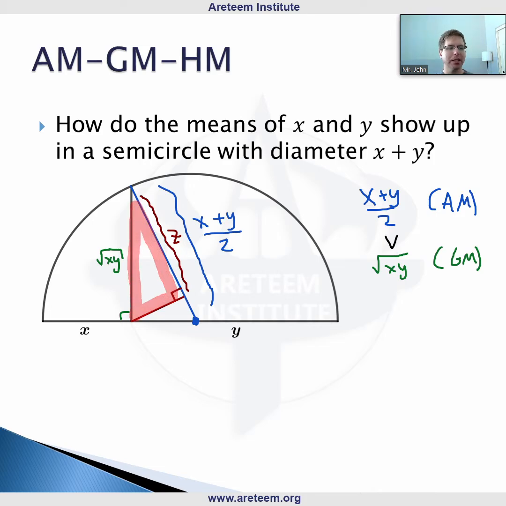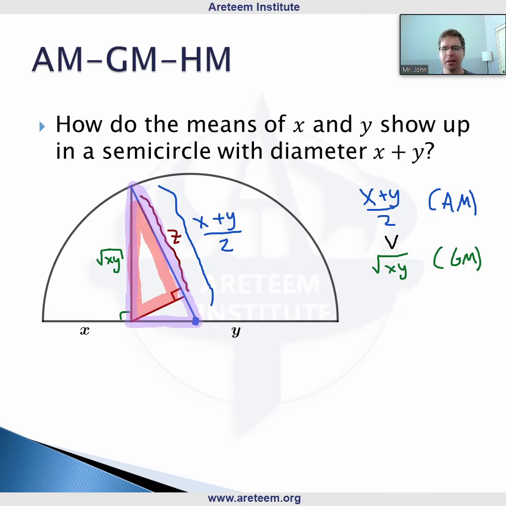Now that right triangle is of course similar to the bigger right triangle that it lives in, the bigger right triangle that had the hypotenuse of the arithmetic mean and the leg of the geometric mean in that scenario.